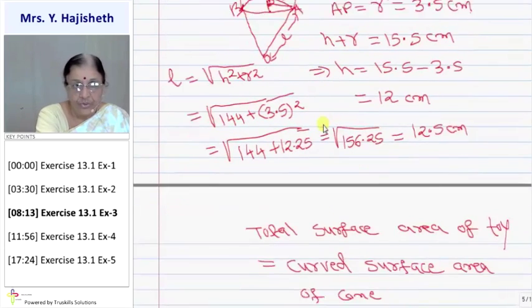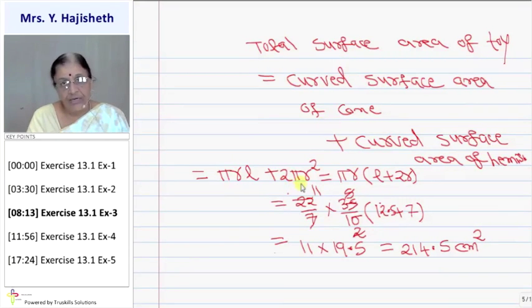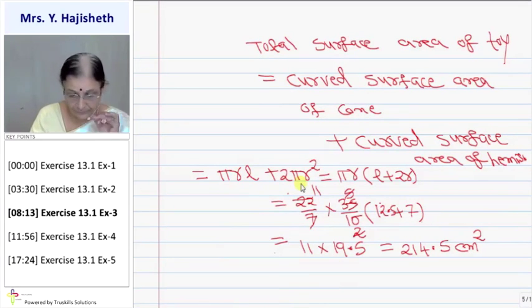Now you should find out the total surface area. Okay. Now what is the total surface area of a toy? It is curved surface area of cone plus curved surface area of hemisphere. Clear? So total surface area of toy is nothing but curved surface area of hemisphere plus curved surface area of cone.